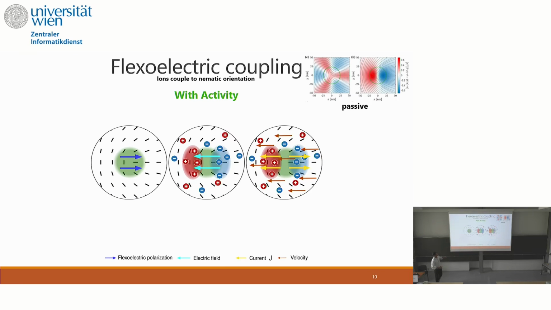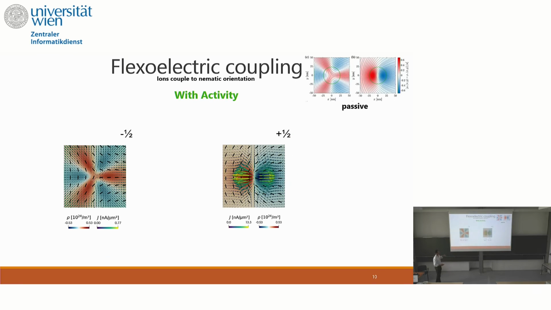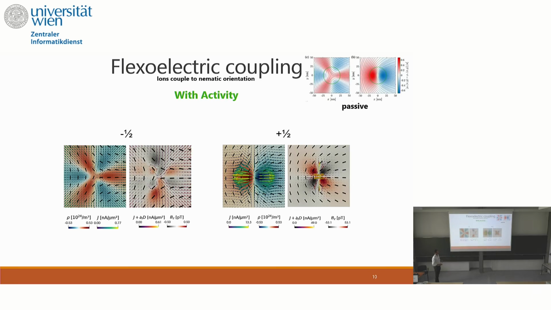So let's move to the flexoelectric coupling. Here again, because of flexoelectricity, we have a separation of positive and negative ions, and because of activity, this defect is self-propagating, and we actually get a dipolar ion current. If we look at the pictures again and the magnetic field, we get this quadrupolar symmetry of the magnetic field.